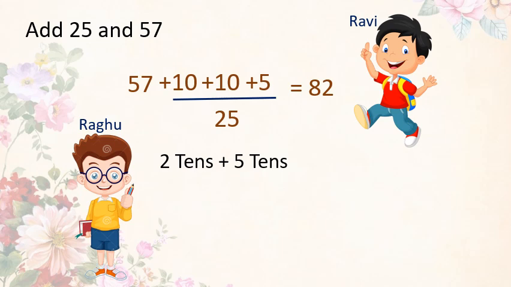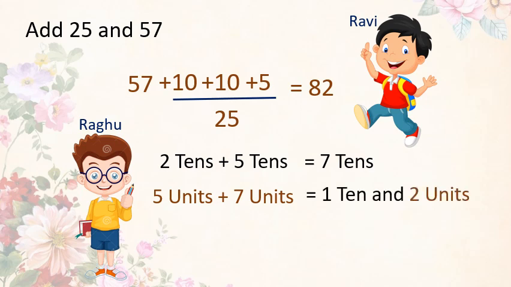We will see. 2 tens plus 5 tens is equal to 7 tens. Okay, this is also right. Now in the unit place, what all is there? 5 units plus 7 units is equal to 12. 5 plus 7 is 12. Again he bifurcated into tens and units. So that is 1 ten and 2 units.